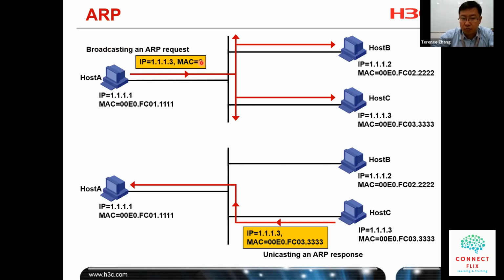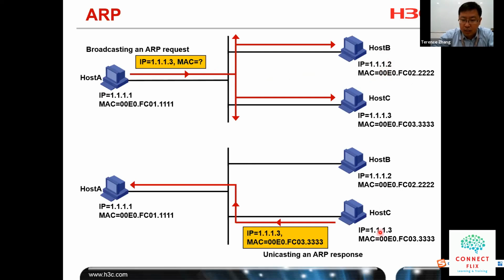Tell me the MAC address of 1113. It is broadcast in the network, and host B and host C will receive it. Host B finds that the address being asked for is 1113, which is not me, so host B will not respond.